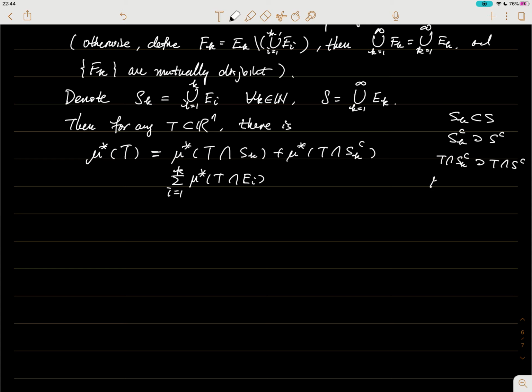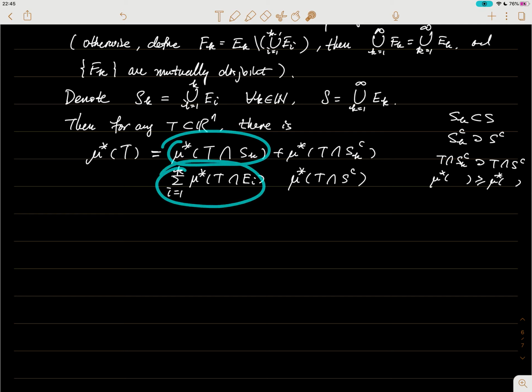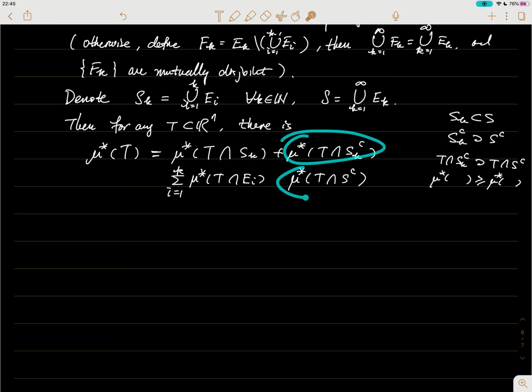And that's why the mu star of the left-hand side is bigger than or equal to the mu star of the right-hand side. So we show that this is equal to this term, but this is bigger than or equal to that. So in total, we will have this bigger than or equal to that.